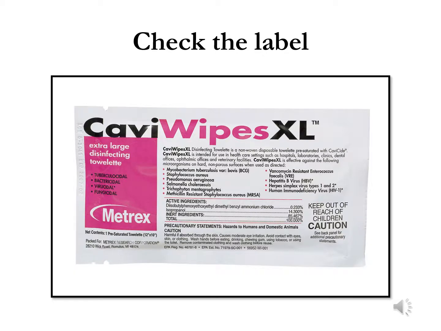Well, I don't really know, but this wipe should only be used on a hard surface. It won't kill anything, viruses, bacteria, fungus, if it's used on a woven item, like the covering of a chair or carpets. So it's good to ask the safety officer, is this the right thing to use? What should I use to clean this area?